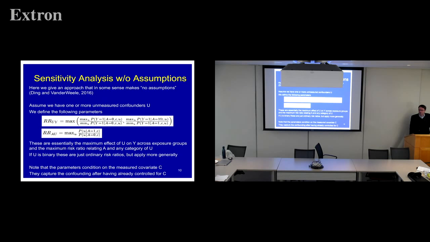Importantly, these parameters are defined conditional on the measured covariate C, and I'll be coming back to this point. But essentially what these parameters therefore are picking up is the residual unmeasured confounding, having adjusted already for the measured covariates. So maybe in the breastfeeding study we think, oh, we haven't adjusted for home ownership or the size of the house, and maybe that would be related to how easy it is to breastfeed and also to our various health outcomes, and so we're concerned about that.